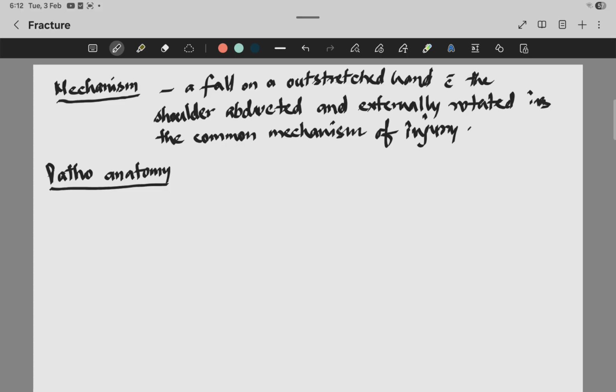The classification: number one is the anterior shoulder dislocation.